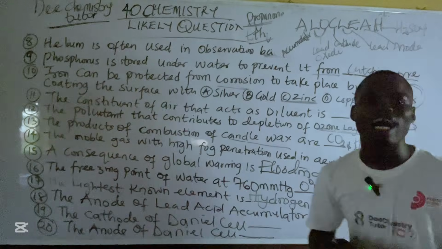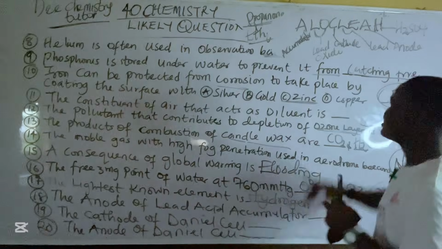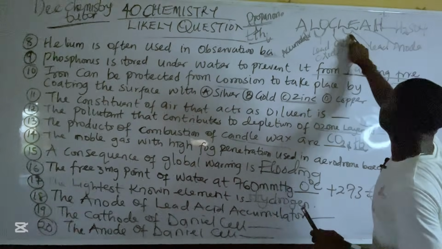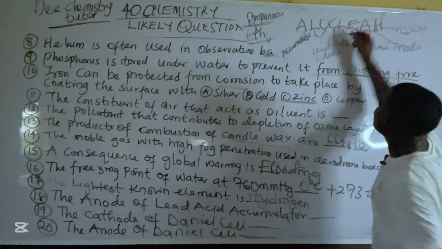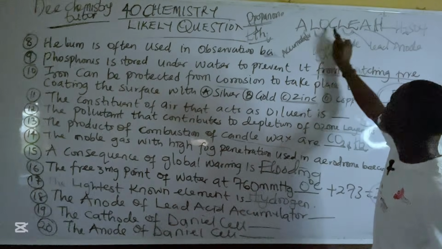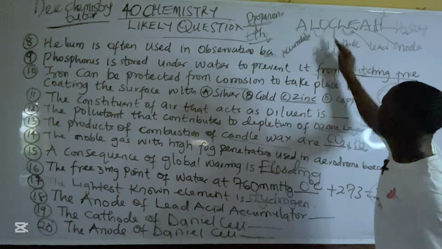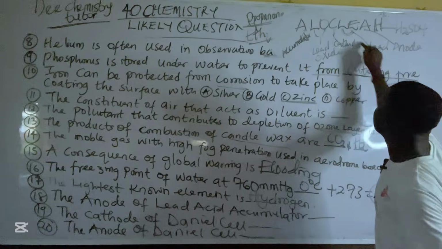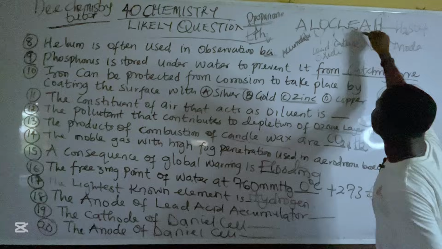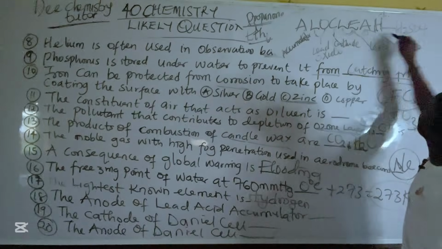So for lead acid accumulator, the anode is lead. Can you see? Once you know these mnemonics, Leclanche: for lead acid accumulator, lead oxide, C, cathode, and lead anode. Then the H is for H2SO4.